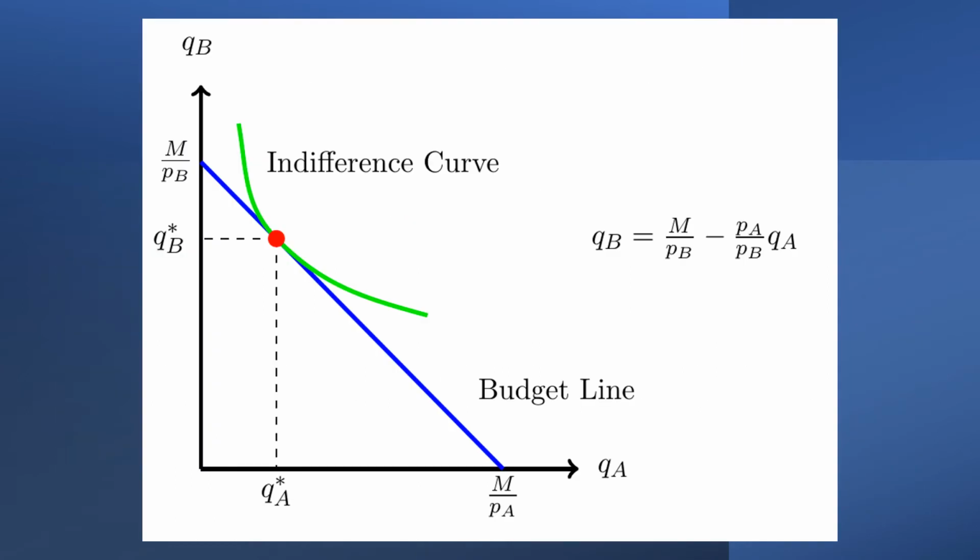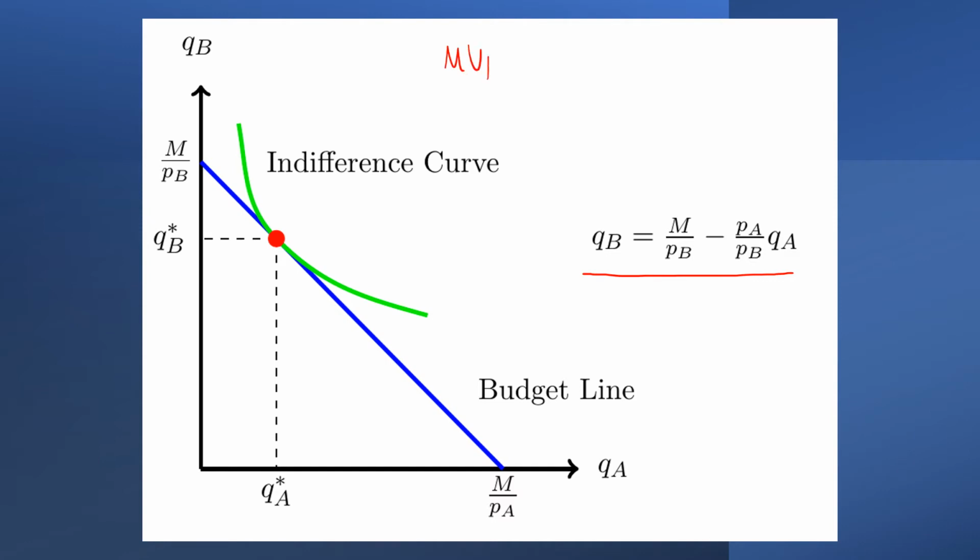Let's first look at the graphical representation of this model. So here we have the budget line, which is the blue line, given by this equation, and the green line, which is an indifference curve, also known sometimes as iso-utility curve. To find the solution point, the red point, one of the things we do is that we impose that the slope of the indifference curve is equal to the slope of the budget line at that point.